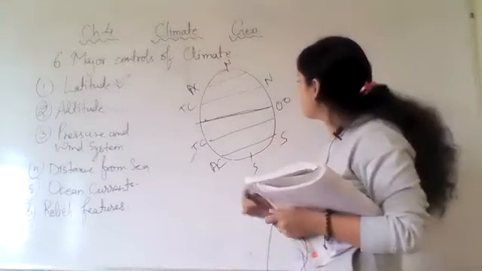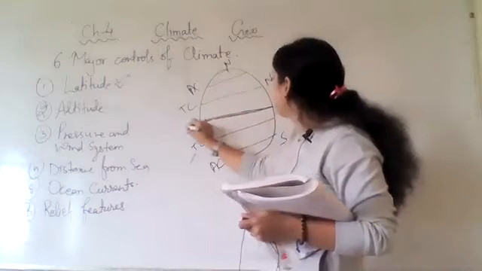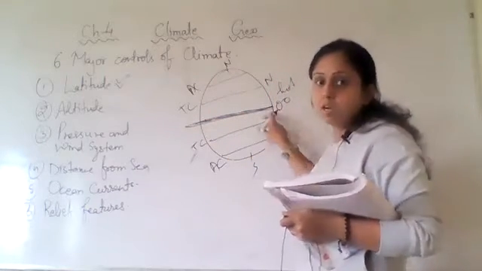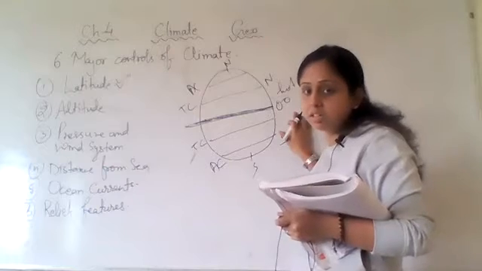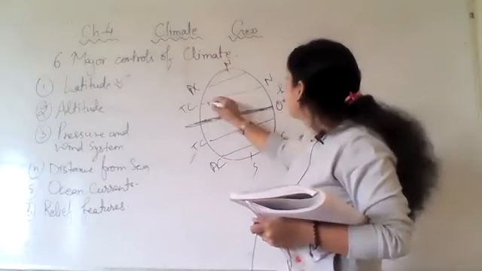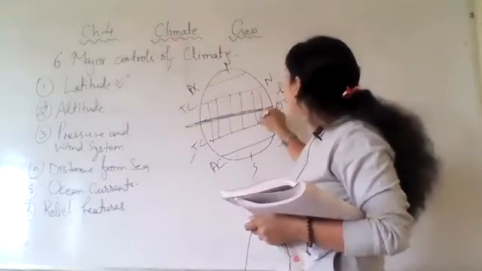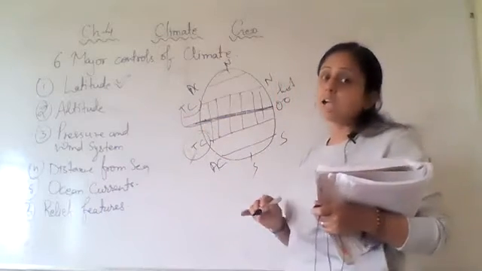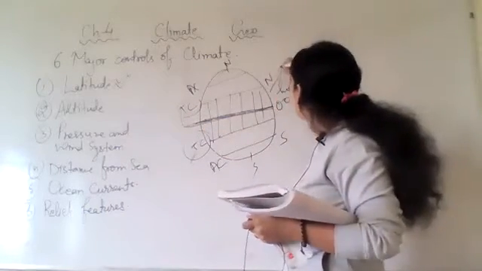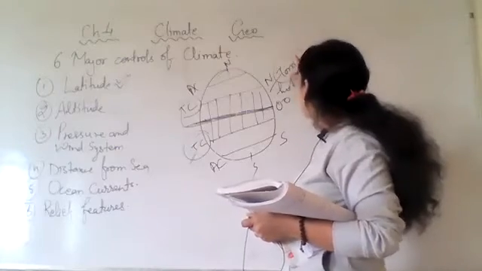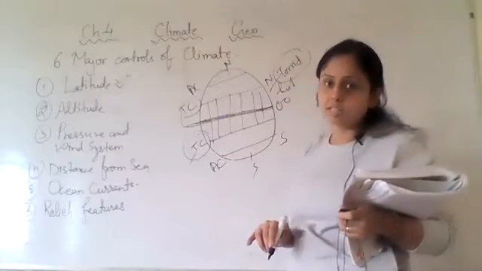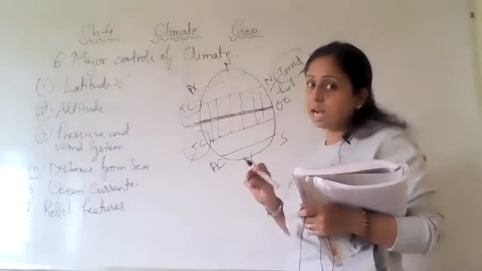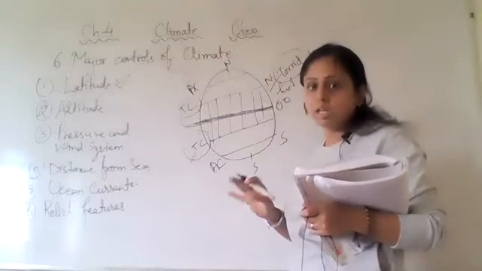Now near the equator, this is the hottest place on the earth. This area from Tropic of Cancer to Tropic of Capricorn is called the torrid zone. You would have read about this in your previous classes. Here you will find a hot type of climate.